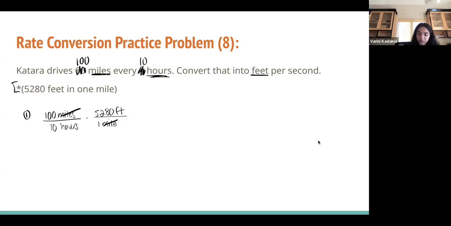Our next step is to convert the hours into minutes and then seconds. How do we convert the hours into minutes? If I have hours at the bottom, what should my ratio be? Should it be minutes over hours or hours over minutes?